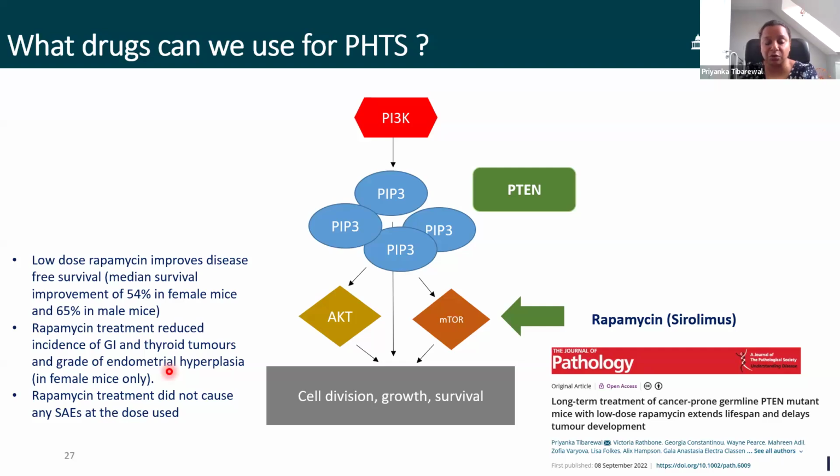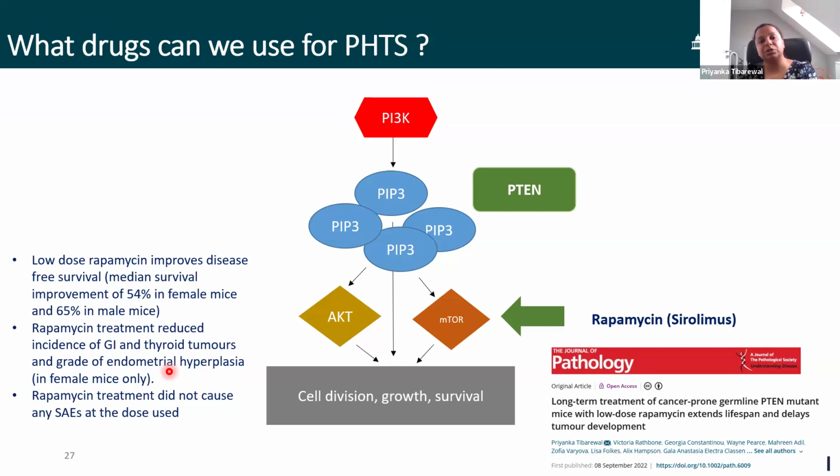And we found that it did not have any of these side effects. Another known long-term side effect of rapamycin is type 2 diabetes. As I said, if you have a PTEN mutation, your risk for type 2 diabetes is anyway very less. And we found that prolonged treatment of rapamycin did not cause type 2 diabetes in these mice.